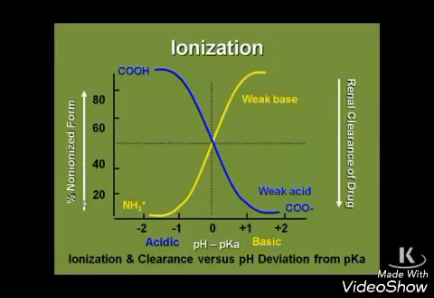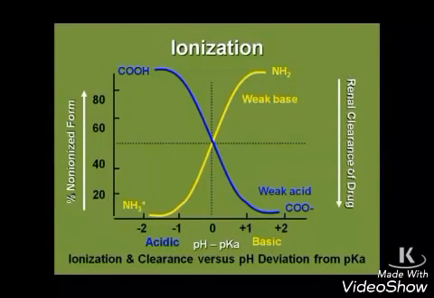So on the y-axis here on the left, the percent non-ionized is very, very low. Again, if we increase the pH, we're going to move to a form that looks like this, the NH2, which is the non-ionized form of the drug. Of course, this form can very easily move within the body because it's highly non-ionized.